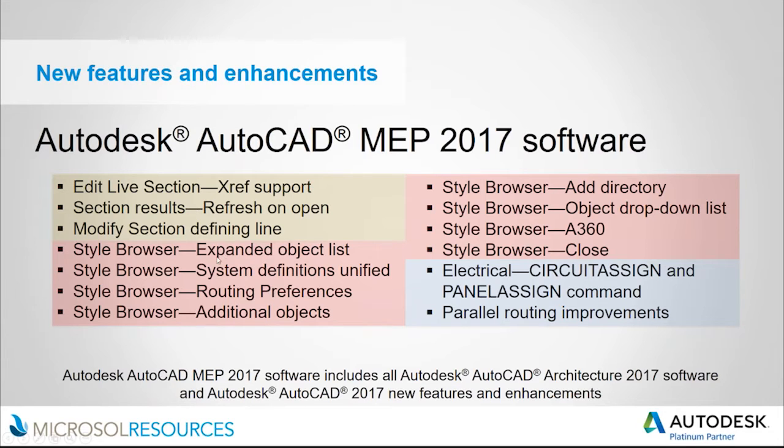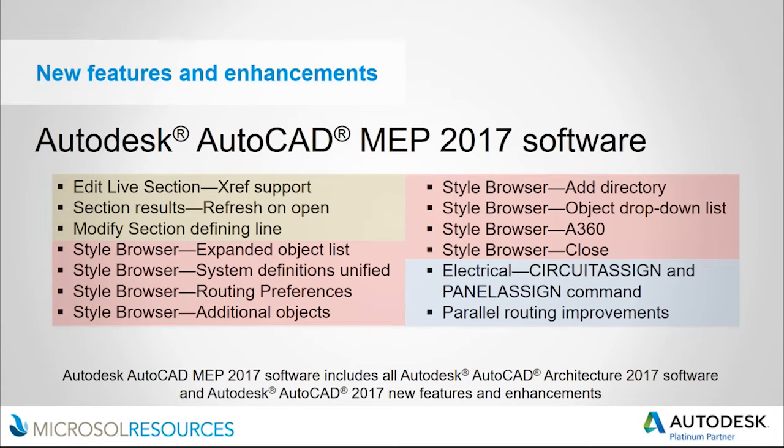Then we have a bunch of refinement improvements in the style browser, like the way that Autodesk has now classified a lot of the information in the style browser. It makes it easier to see everything and use the style browser basically as a one-stop shop for everything. We have a couple of new commands with electrical: a circuit assign and panel assign command, and we also have parallel routing improvements for pipe and conduit.